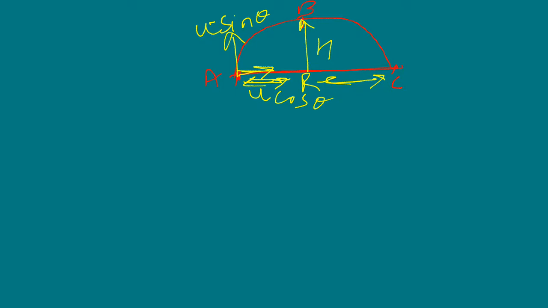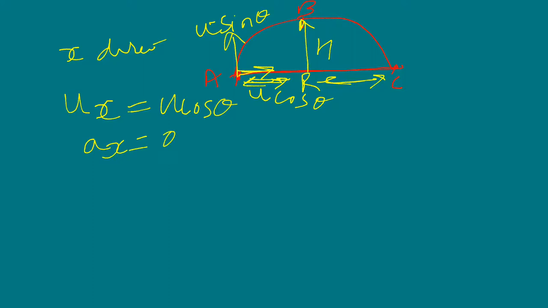So for the x direction, initial velocity is u cos theta, and acceleration along the x direction is 0 because there is no change in the velocity. Displacement along the x direction we have written as range r, and time we will consider as capital T.